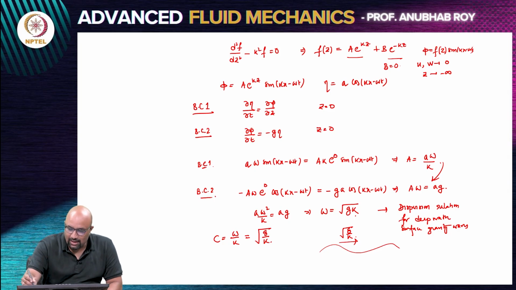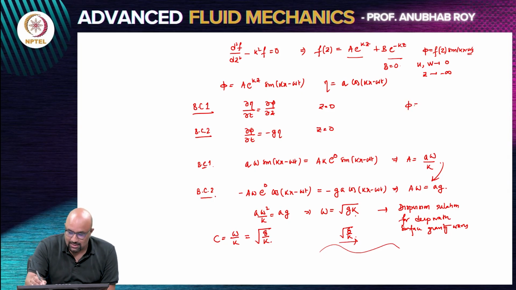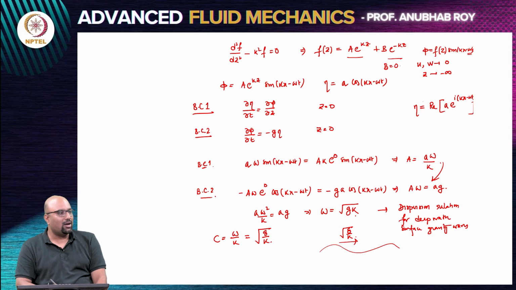Because what you have done here, you have said that there is a frequency omega, right? So sin kx minus omega t is what you have here. So you could write this in a different form, or rather let's write eta, that's better. I said it is a cos kx minus omega t.